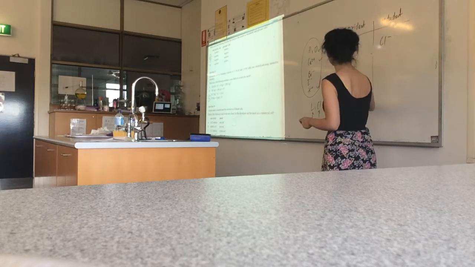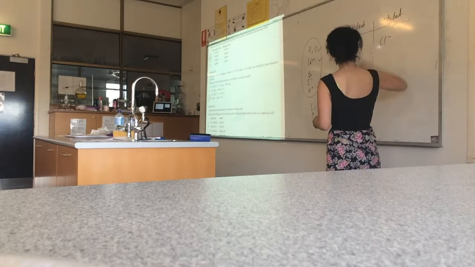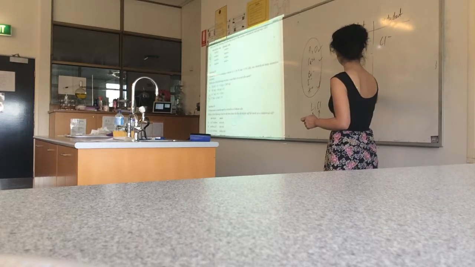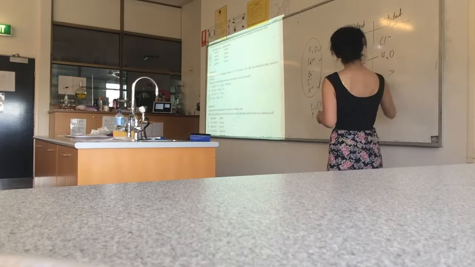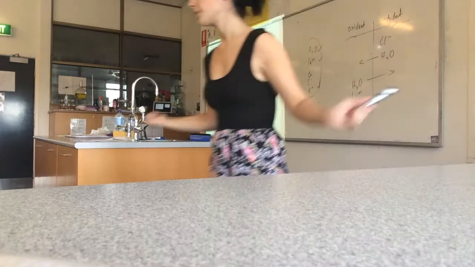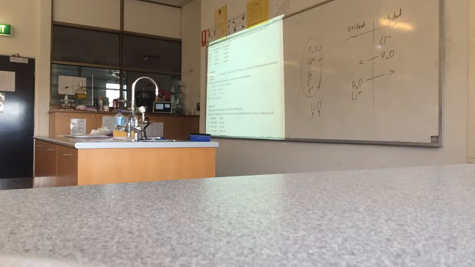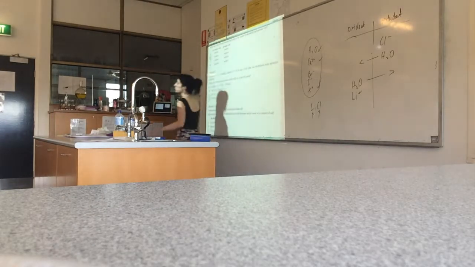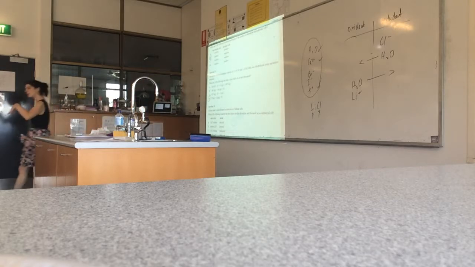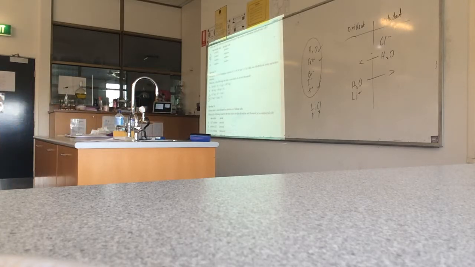And where does water sit? Above lithium. Okay, so water will compete both times. So what do we need to use? Molten. Now, you'd want to use a solution over molten. Why would you want to? It's cheaper.